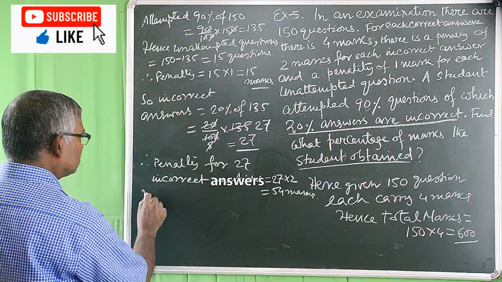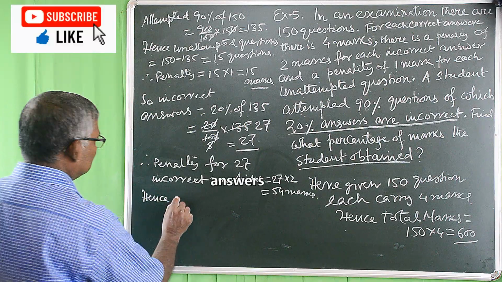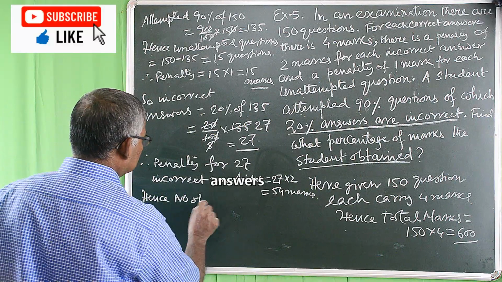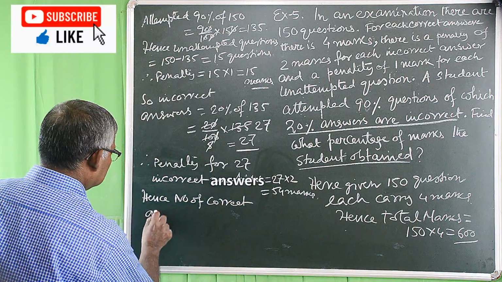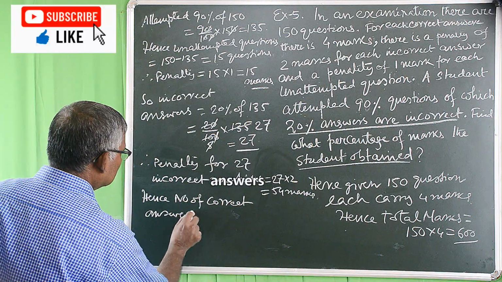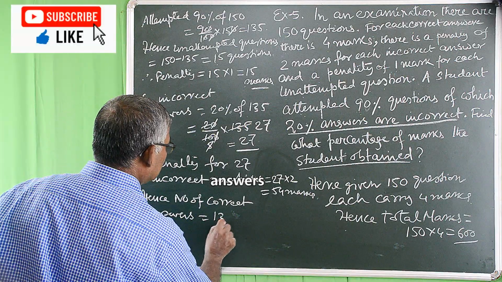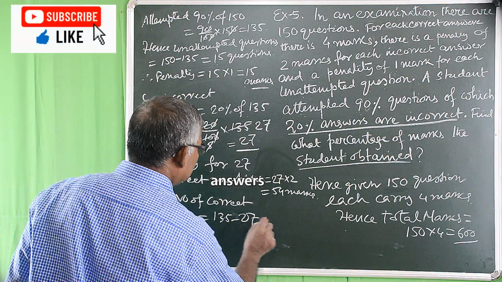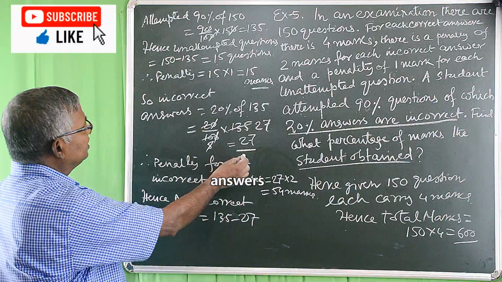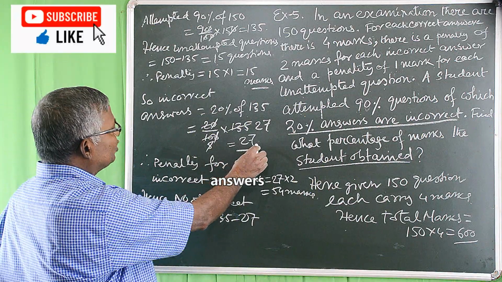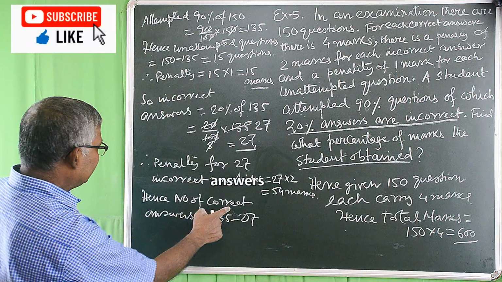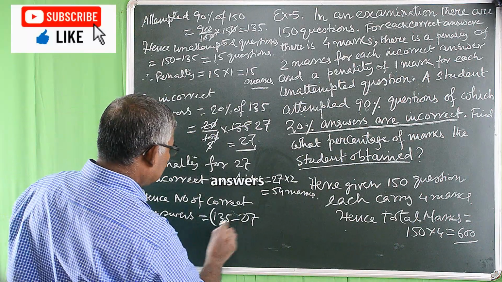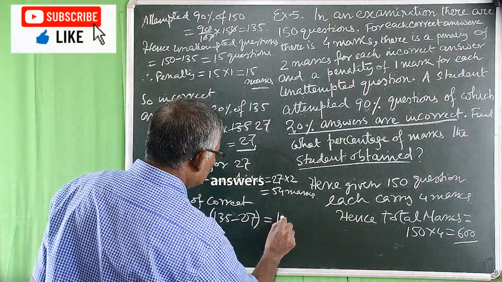Hence, number of correct answers equals 135 minus 27. Here we get the student has given 27 incorrect answers. Therefore, number of correct answers equals 135 minus 27 equals 108.